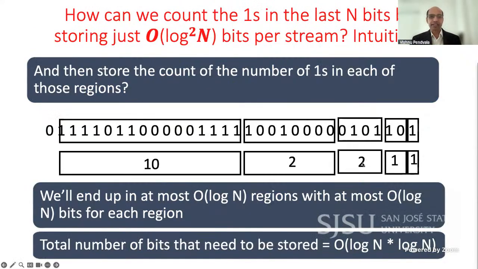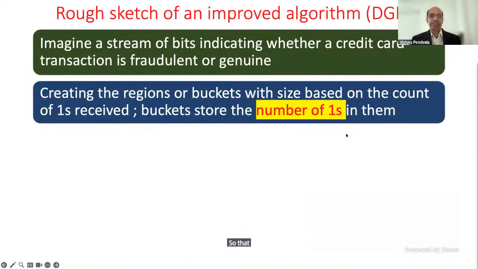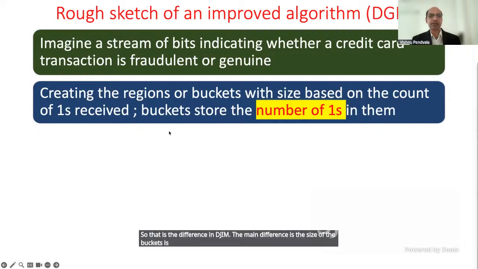These are anyway the count of the number of ones, but the buckets in the intuition part are based on the number of bits, not the number of ones in the buckets. So that is the difference in DGIM. The main difference is the size of the buckets is based on the count of ones received.